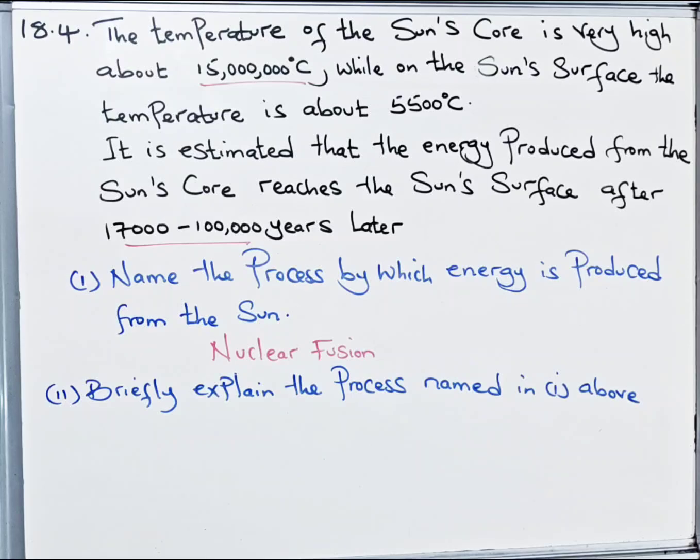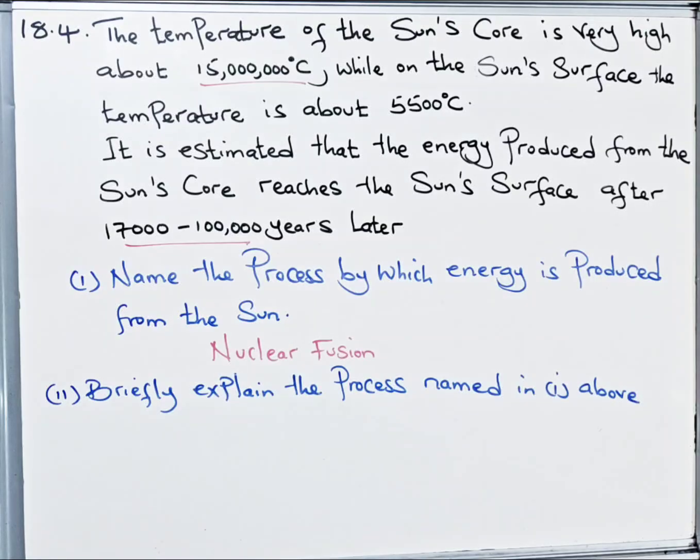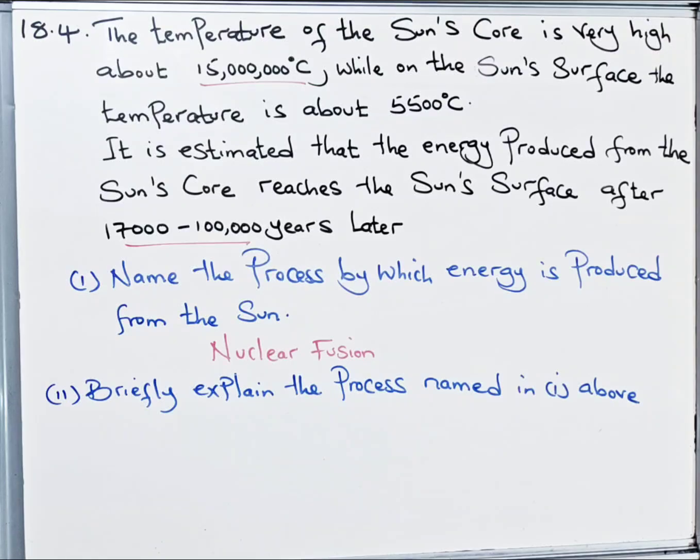Actually, fusion is the uniting or union, as the word sounds. So during this process, hydrogen combines to form helium. We have to remember that the atomic mass for hydrogen is 1, and the atomic mass for helium is approximately 4.